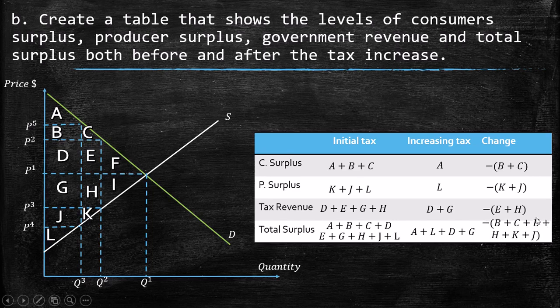And now the change is going to be which one? The change is that they will lose C, E, H, K. Here you have to omit B and J because it's now part of the government, and the correct answer will be C, E, H, K.